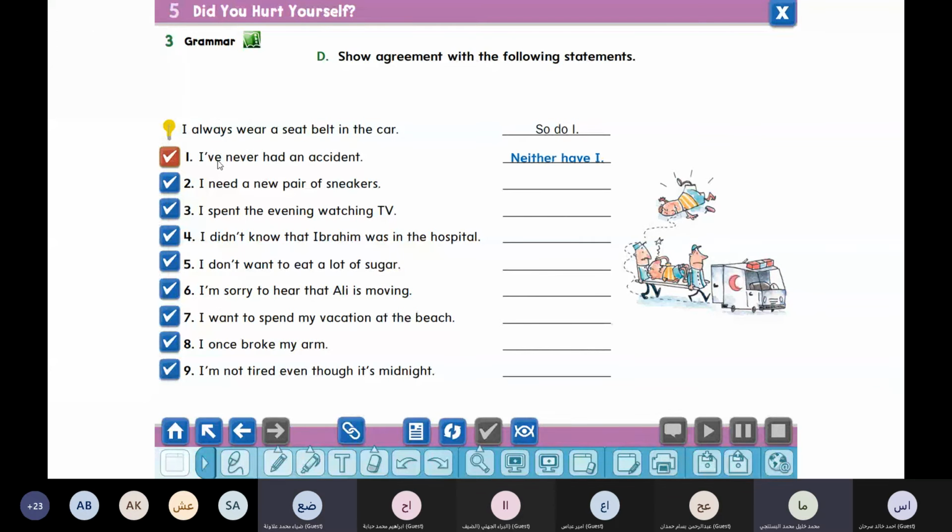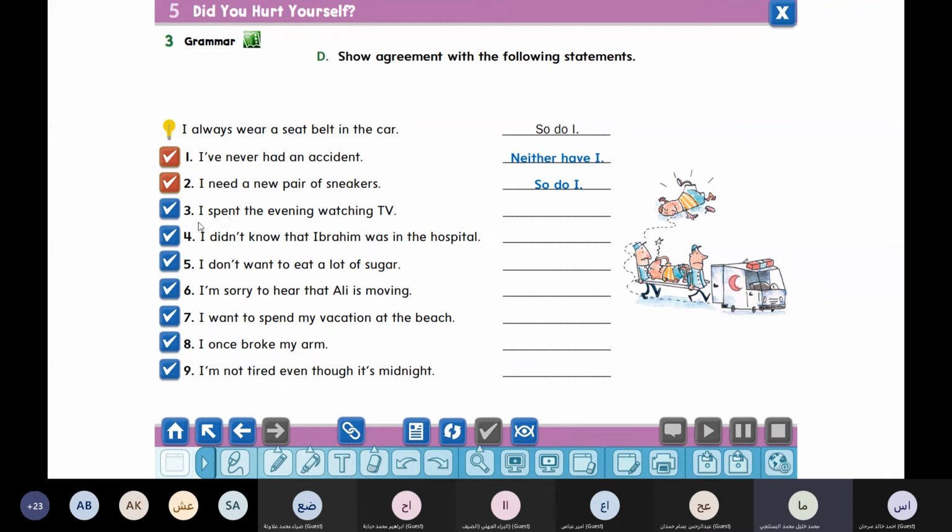Neither have I, because here we have... Number 2. I need a new pair of sneakers. So do I. Good, so do I, because here we have affirmative and need is verb 1, simple present.